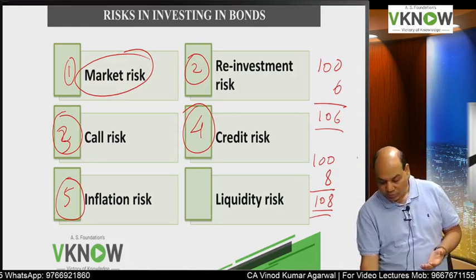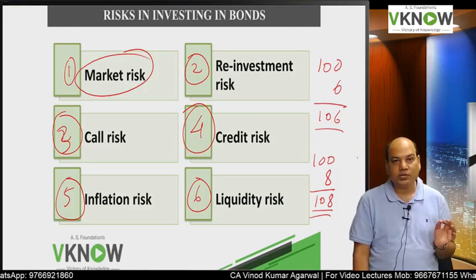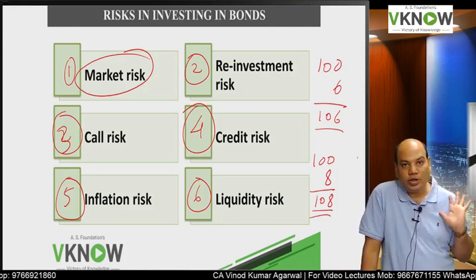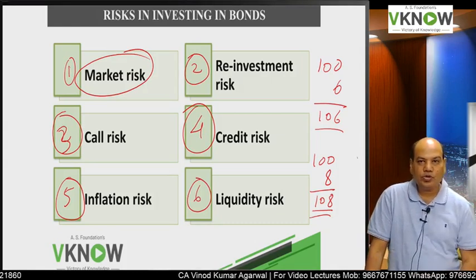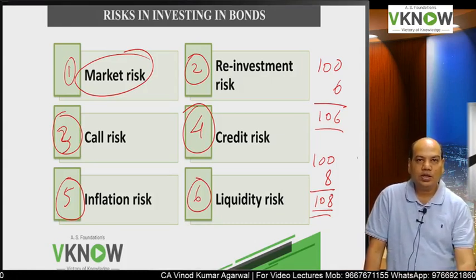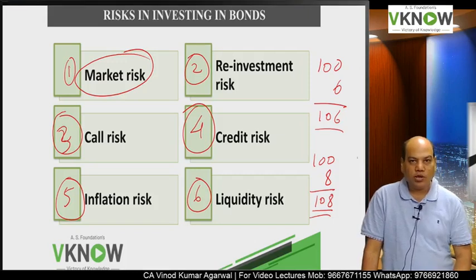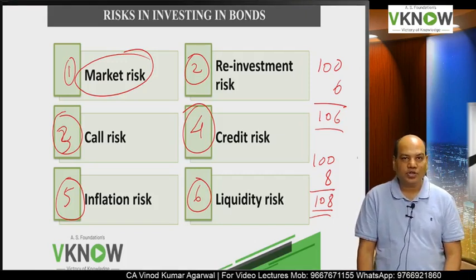And the last, which is a very dangerous risk, liquidity risk. Sir, what is liquidity risk? Liquidity risk means you will not be able to sell the bond. You will not be able to convert your bond into cash if you want it.